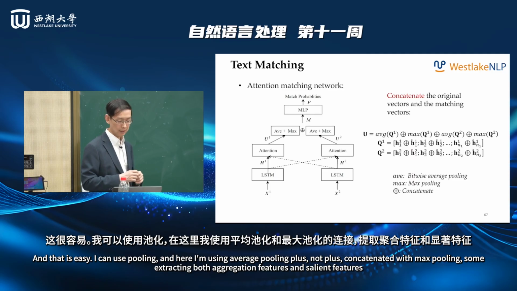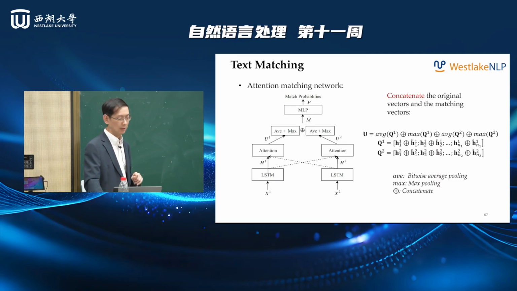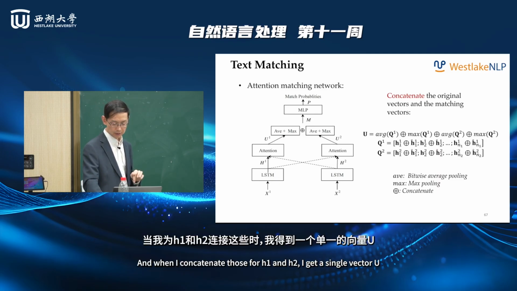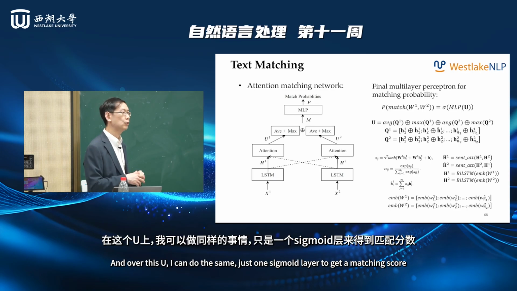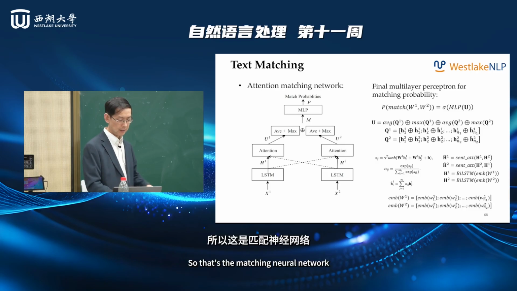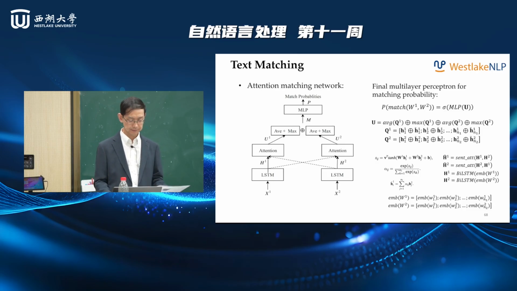So I'm extracting both aggregation features and salient features, okay? And when I concatenate those for H1 and H2, I get a single vector U. And over this U, I can do the same, just one sigmoid layer to get a matching score, okay? So that's the matching neural network.